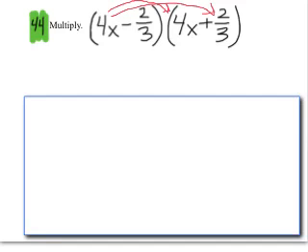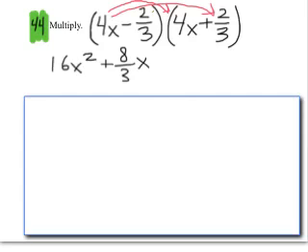Then you take the second number and multiply by both of them. We'll start with the first one. 4x times 4x is 16x squared. 4x times 2/3 is a positive 8/3 x. Okay.